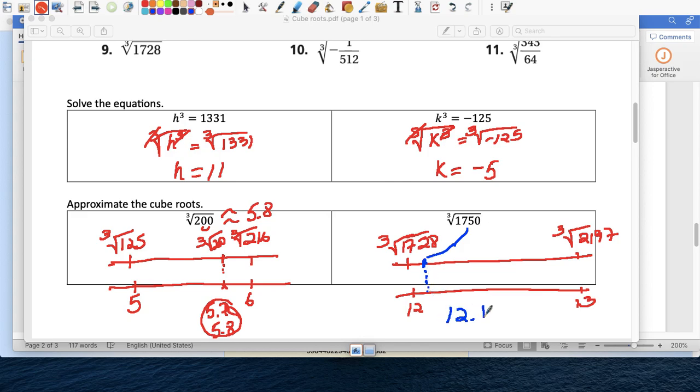I'm going to go for 12.1. So it's about 12.1. Let's see how close we are. Take the cube root of 1,750 in your calculator, and it says 12.05, etc. So we're not that far off at all. We're pretty close.